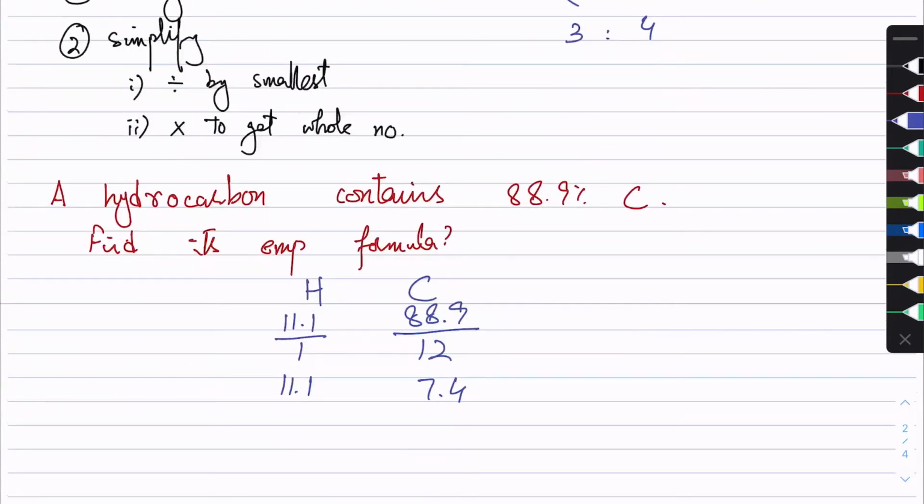So what do we do in this case? We can choose to divide by the smallest, 7.4. I'm choosing the first strategy, and that will give me 11.1 divided by 7.4, that is 1.5, and this is 1.